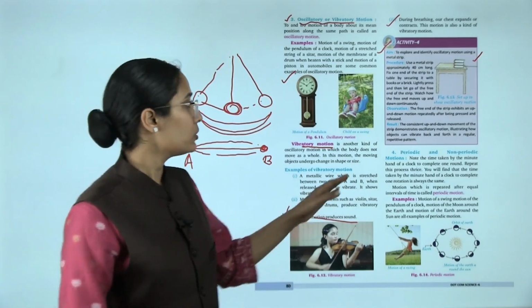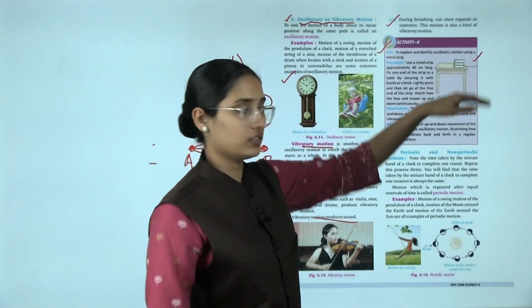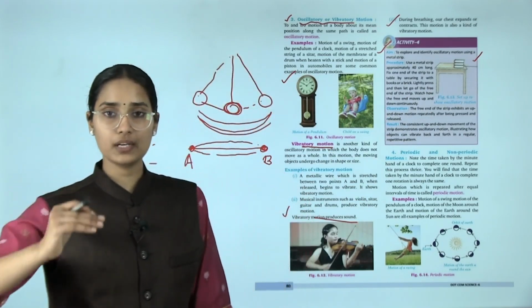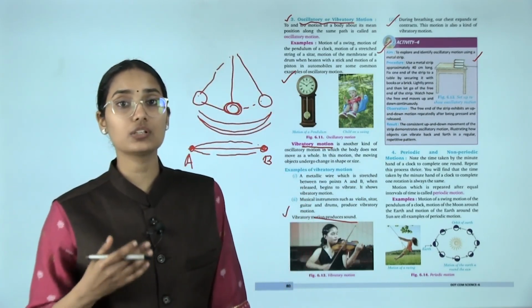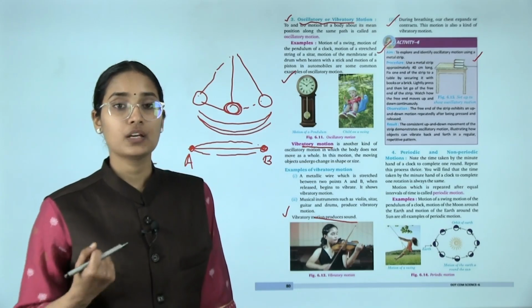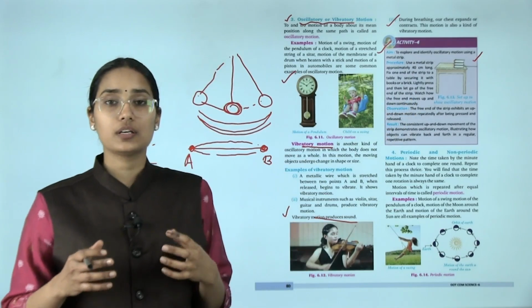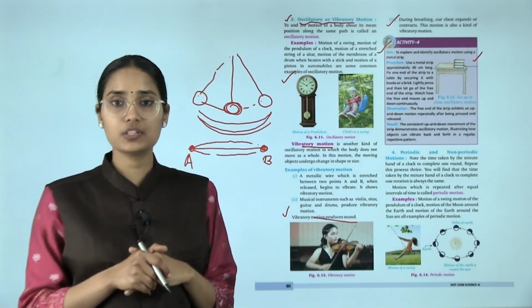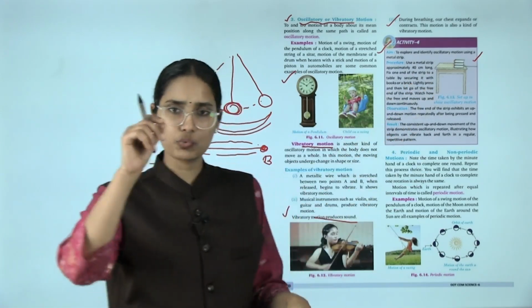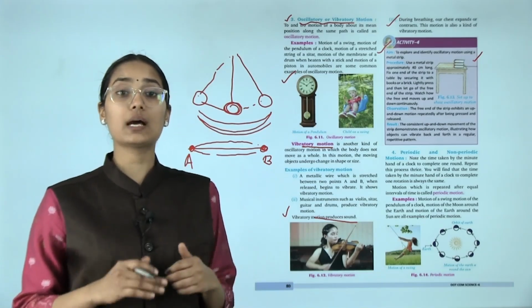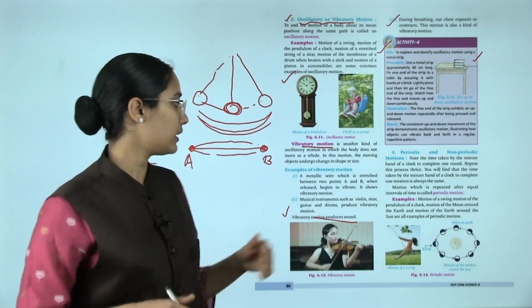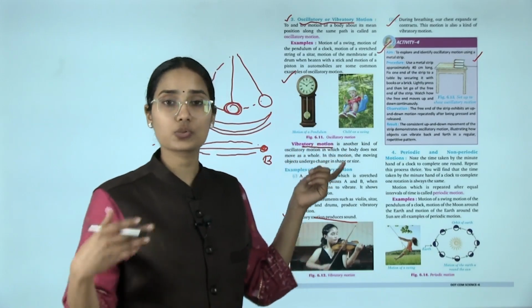This up and down motion of the scale is called the oscillatory motion. Now when the same thing happens with speed, it creates vibration, and also sound.